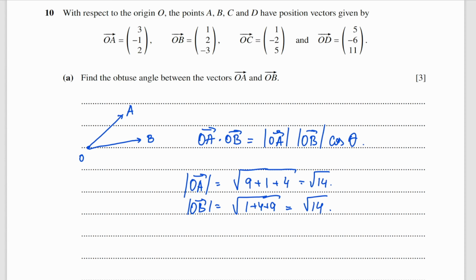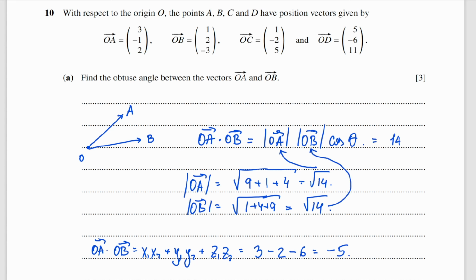Now we can also find the dot product using the coordinates. x1 times x2 plus y1 times y2 plus z1 z2. So we'll get 3 minus 2 minus 6, which is -5. Now let's substitute square root of 14 here and here.